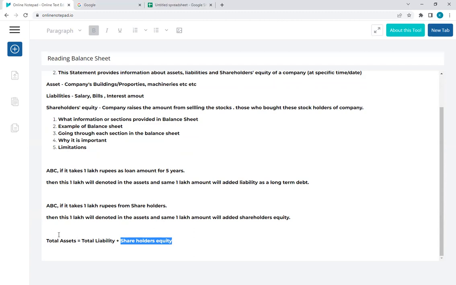If anything gets added on one side, it will also get added in one of these sections. Either it will come under liability, or if it is coming from the shareholders, it will be added in the shareholders' equity. This is a very important point for balance sheet preparation.